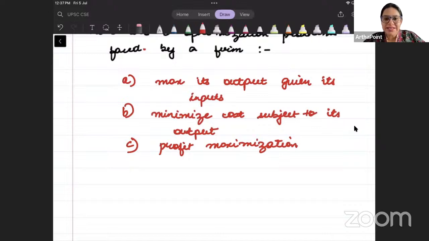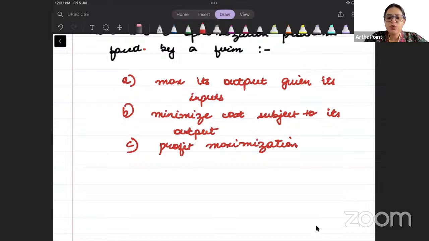When I maximize my profit, I have already considered revenue and cost also, so automatically this becomes an unconstrained problem. There is no constraint, I am directly maximizing my profit. In profit I am considering my revenue, and I am considering my cost also. So I have considered both factors in the same one.